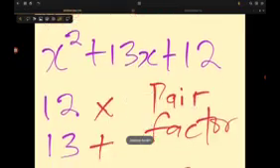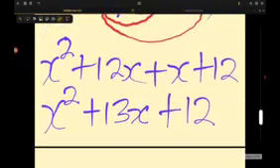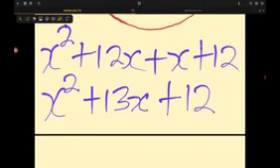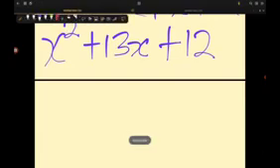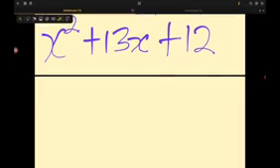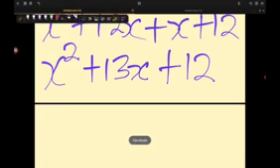And that is what we have gotten down here. So it then means what we did is right. The answer we got for the factorization is right. What we just finished doing is like a check.